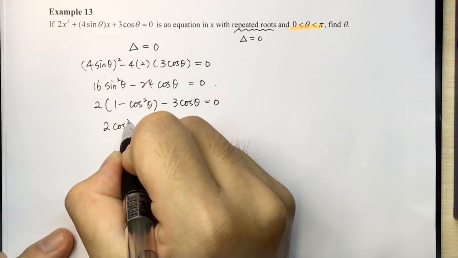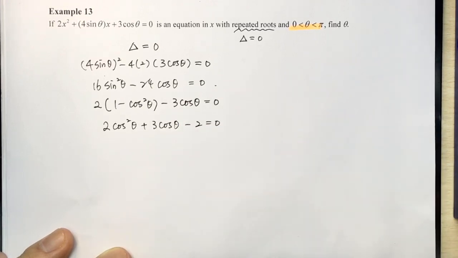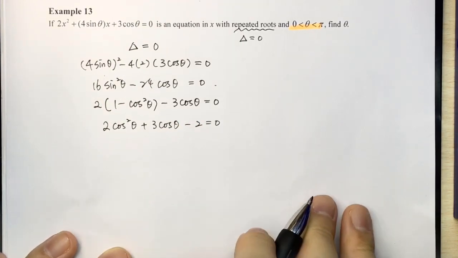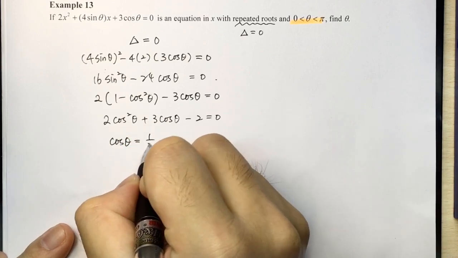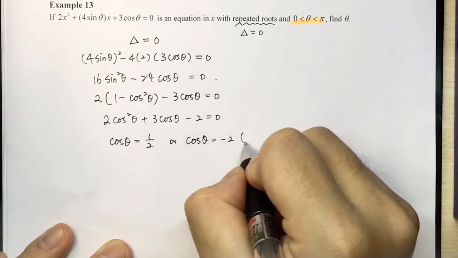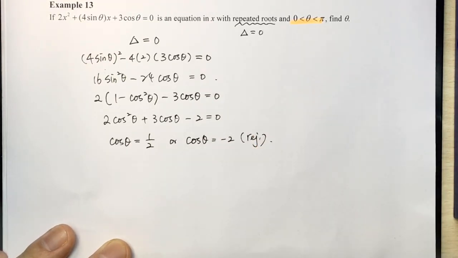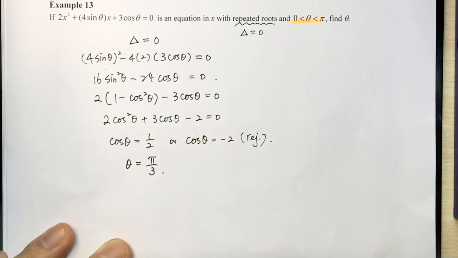So we have 2 cosine square theta plus 3 cosine theta minus 2 equals 0. And by solving, we know that cosine theta is 1/2, or cosine theta is negative 2. And this is rejected. And for cosine theta is 1/2, we know that theta is pi/3. Okay, so this is example 13.